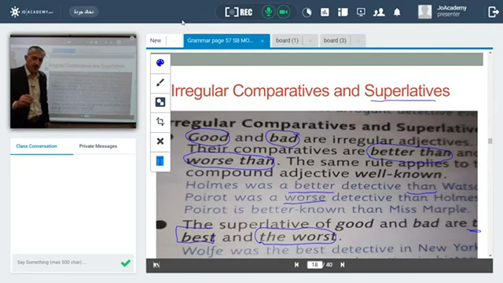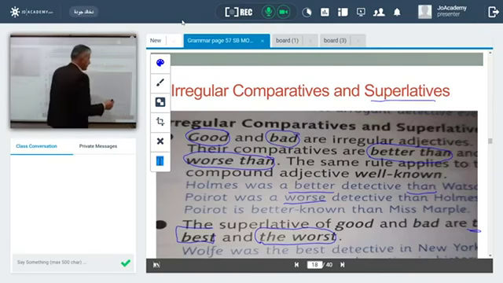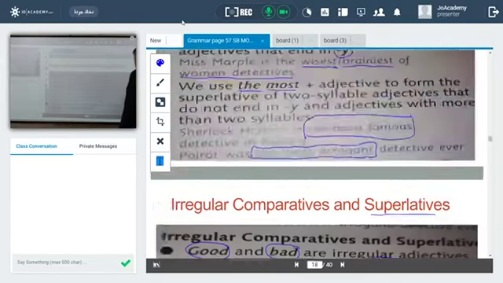We need to put the best, the tallest, the smallest, the youngest. All these adjectives we need to put the before if it's one syllable, and if it is more than one syllable, we add the most before the adjectives. Let's see.